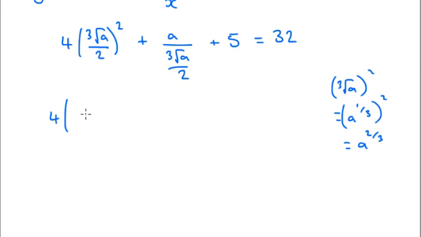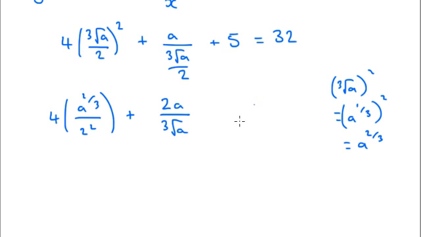So we've got 4 lots of a to the 2/3 over 2 squared. Second term, we've got a fraction over a fraction. So this 2 is going to bump up to the top. So we're going to have 2a over the cube root of a. And that's going to equal 27.